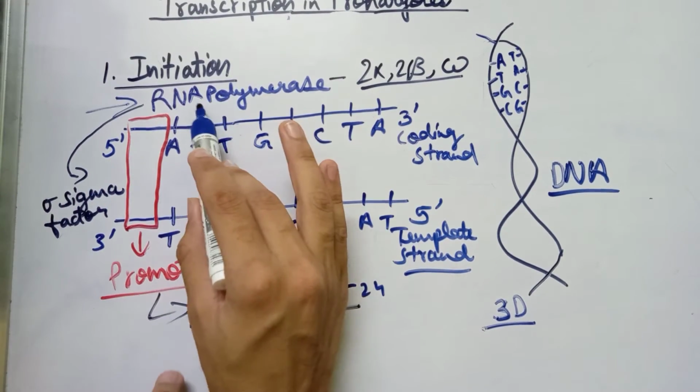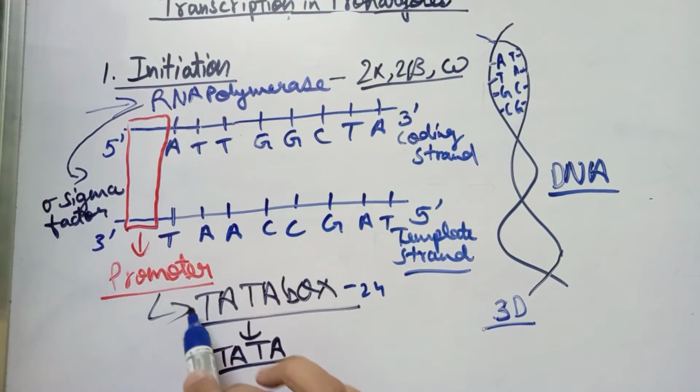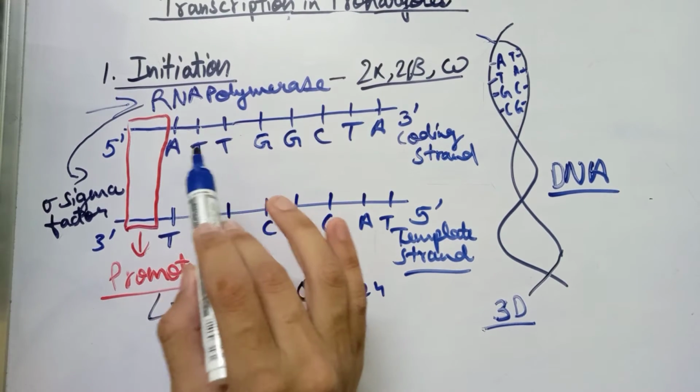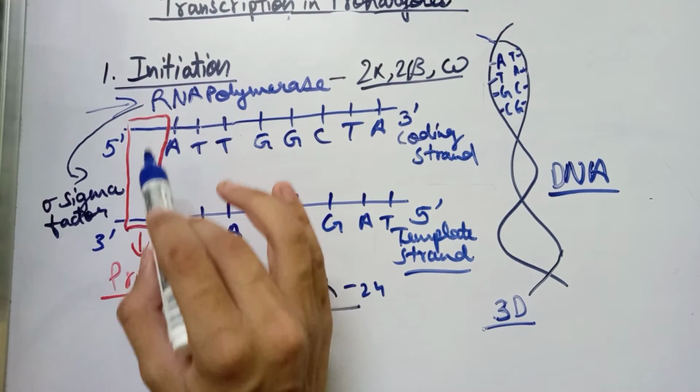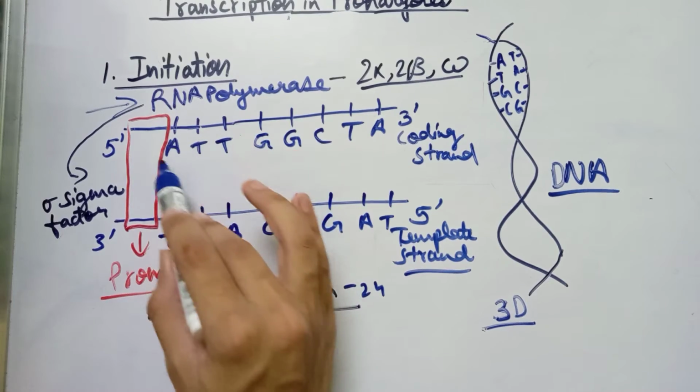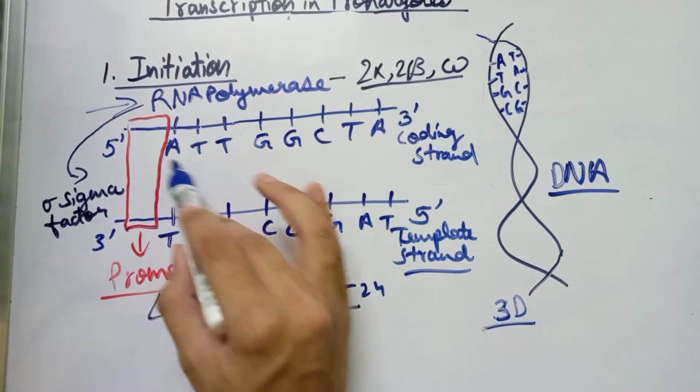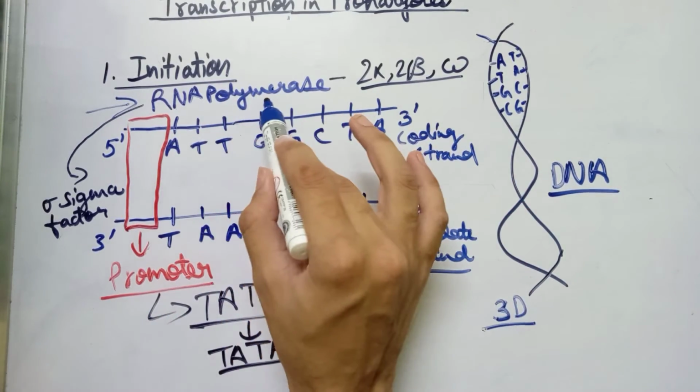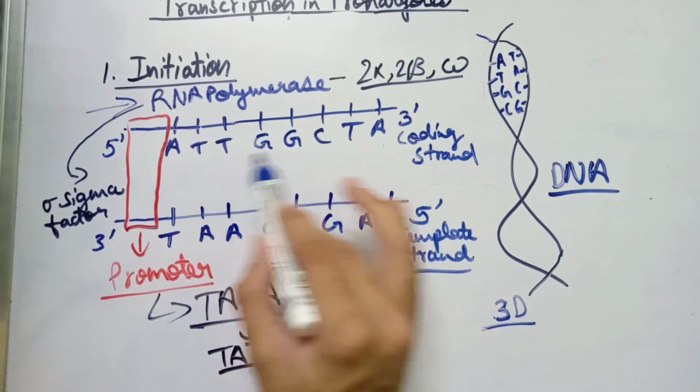Now whenever the RNA polymerase sees this promoter, or the TATA box, it will know that after 24 base pairs, the actual gene of interest, or the base pairs, are present which the RNA polymerase has to transcribe.